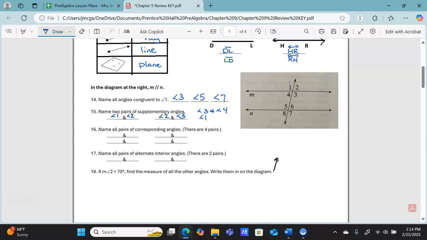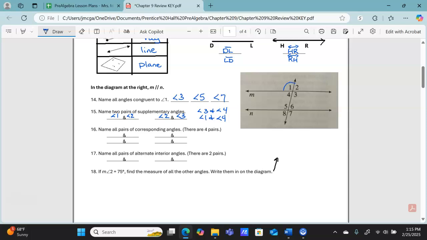You could do angle 1 and angle 4. And then you could do the same thing down here in the bottom: 5 and 6, 6 and 7, 7 and 8, and 8 and 5. So any two pairs.